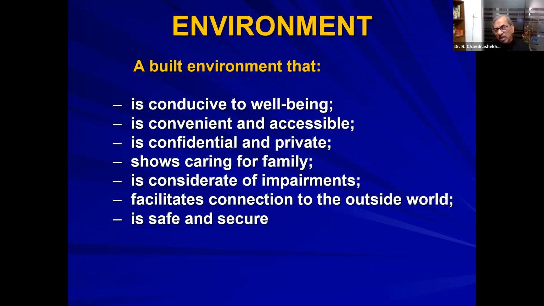Privacy has to be maintained. You should not allow anybody to have a breach in privacy in such an area, and shows caring for family, is considerate of impairments and facilitates connection to the outside world, and it is safe and secure.